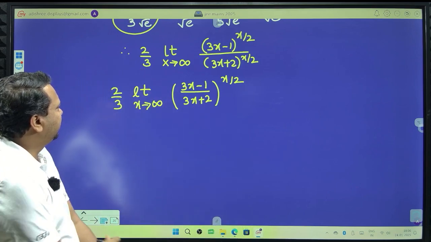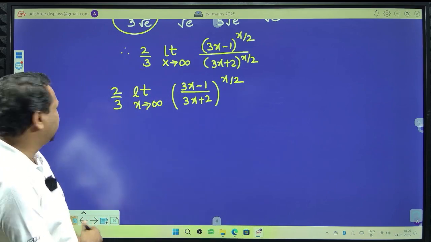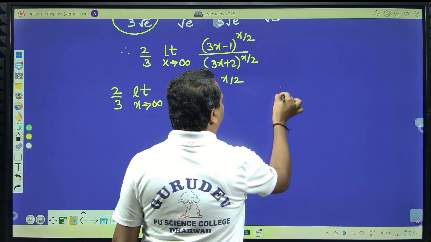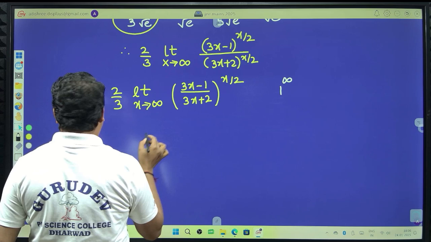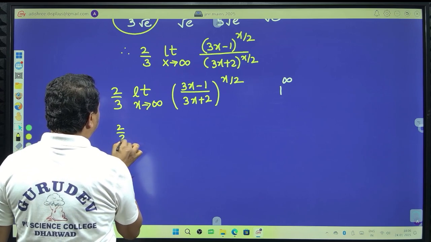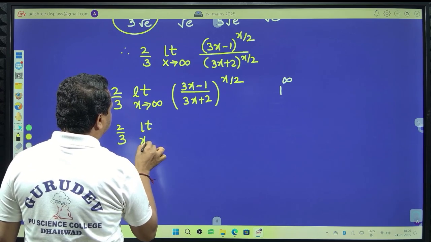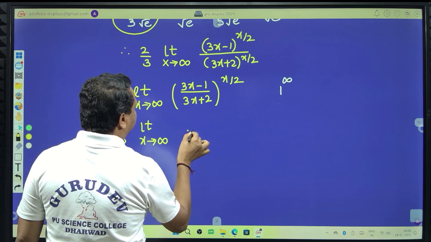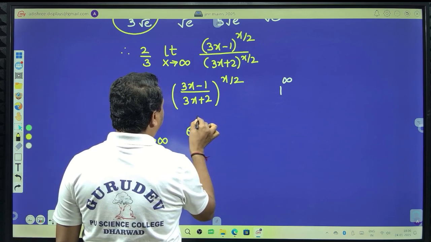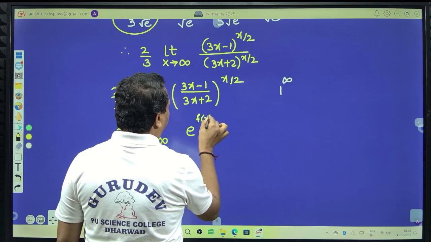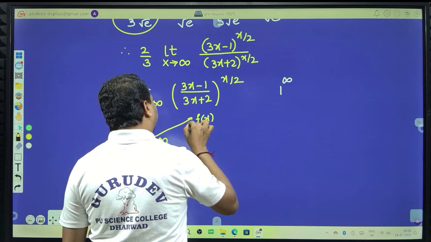So if you observe carefully, this is in the form of 1 to the power infinity case, and we know that in that particular case, the limit as x extends to infinity, we'll write it as e to the power of some function, say f of x, and your limit is shifted to f of x.